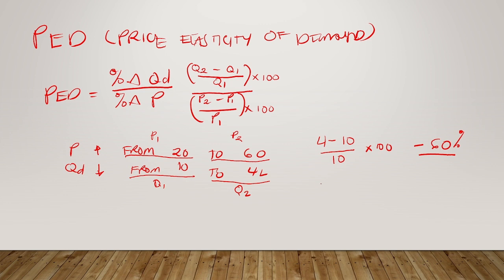Next one, the price. We have 60 as our P2 minus P1, which is 20, over 20 times 100. 60 minus 20 is 40, divided by 20 is 2, times 100, it's 200%.